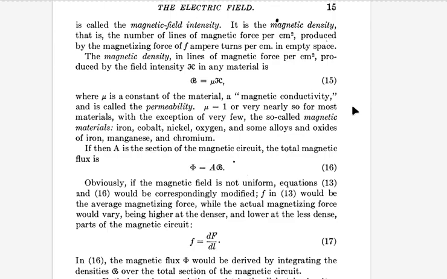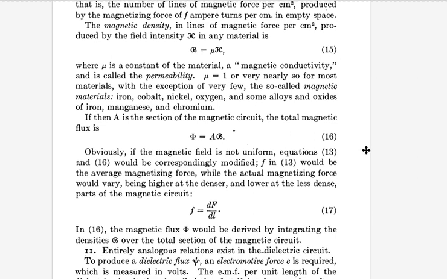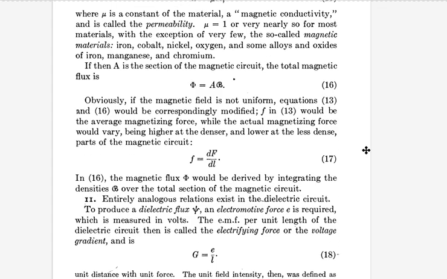Mu equals 1 or very nearly so for most materials, with the exception of very few, the so-called magnetic materials: iron, cobalt, nickel, and some alloys and oxides of iron, manganese, and chromium. If then A is the section of the magnetic circuit, the total magnetic flux is phi equals A times B.